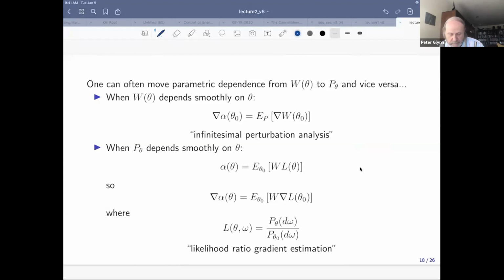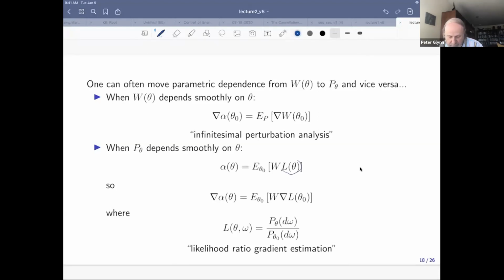So when the parametric dependence sits in the W of theta, we can just bring the gradient inside and hopefully interchange the derivative of an expected value. We can do a similar thing in the context of parametric dependence in the probability distribution P theta.